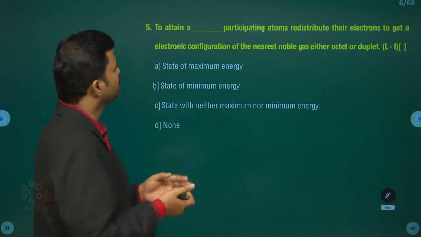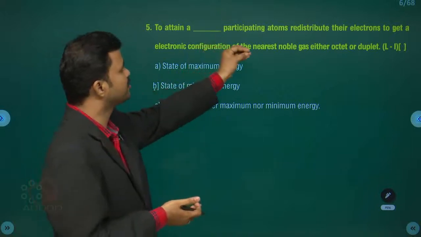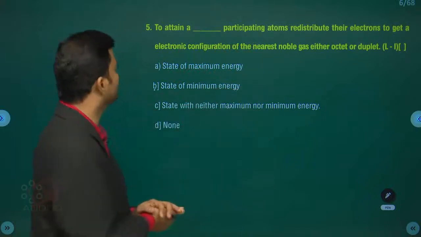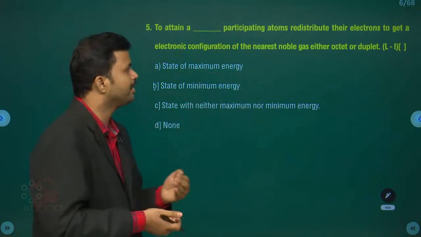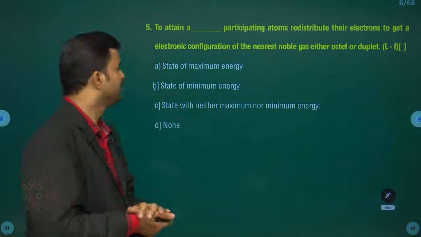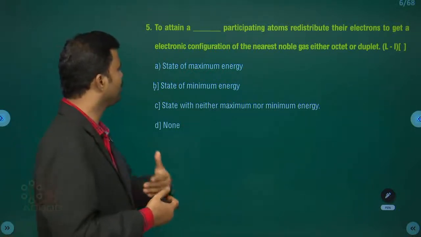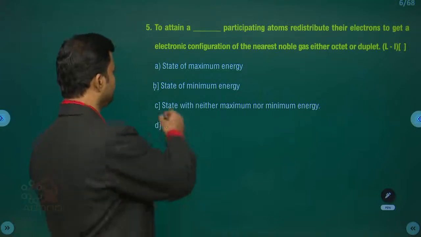To attain dash, participating atoms redistribute their electrons to get the electronic configuration of the nearest noble gas, either octet or duplet. That is, to obtain minimum energy or maximum stability.